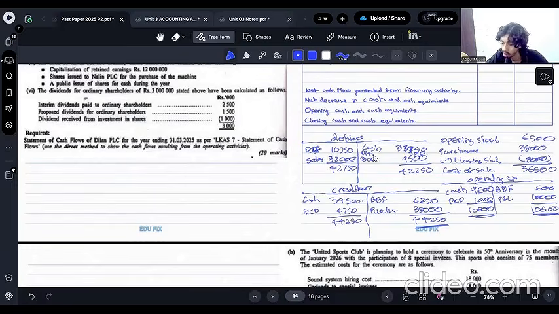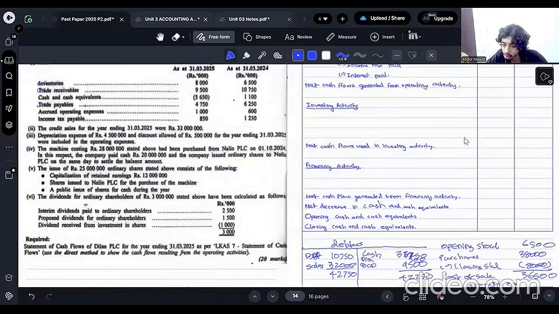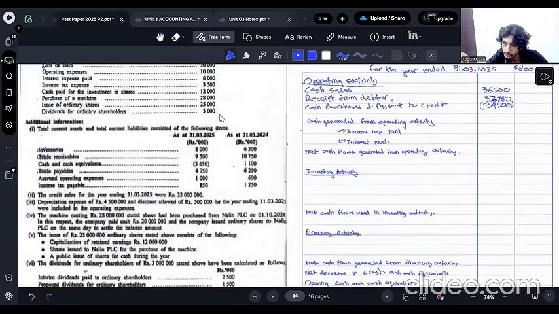All right. So that is 39,500. Operating expenses, now including depreciation and discount allowed, no 10,000.